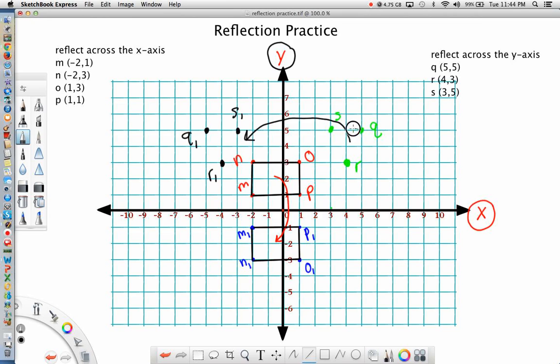And if we connect these points here, we had a triangle, and we reflected the same equal triangle across the y-axis. So if you're ever asked to reflect a rectangle or any geometric shape across an axis, don't think you can't handle it. We just did that.